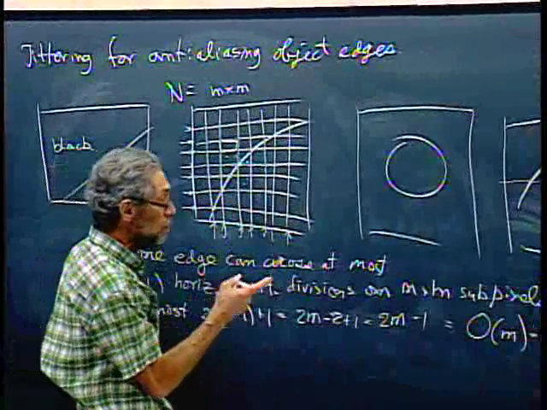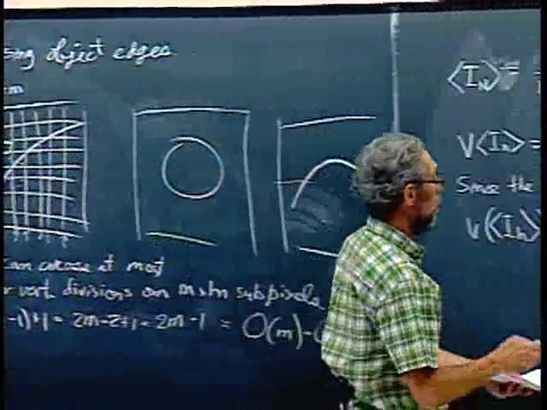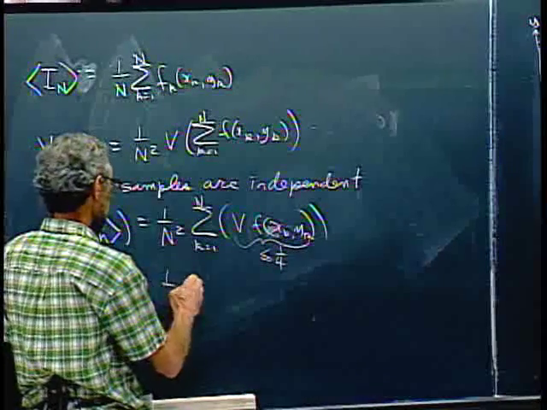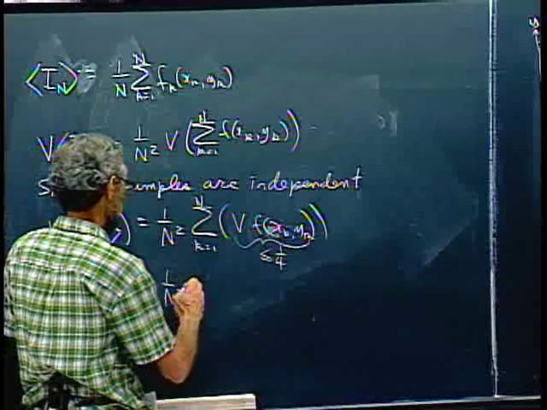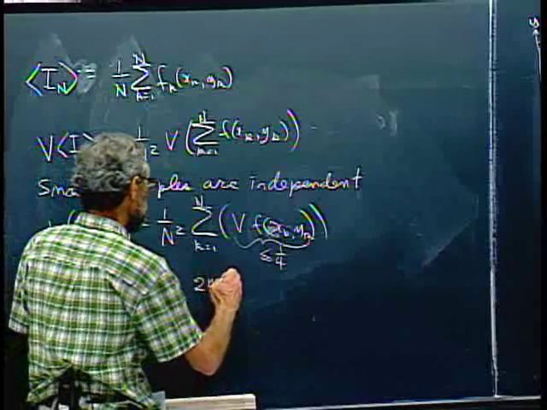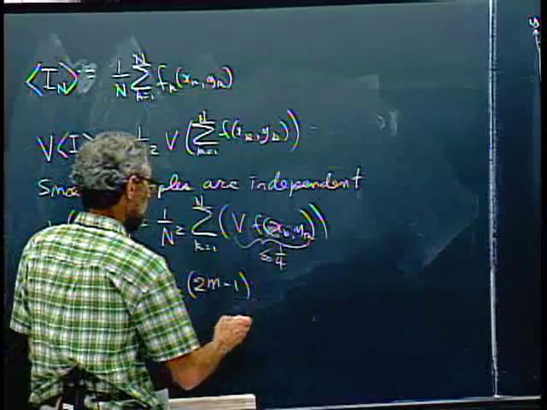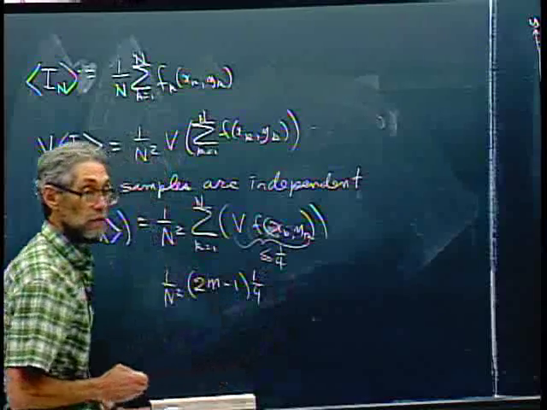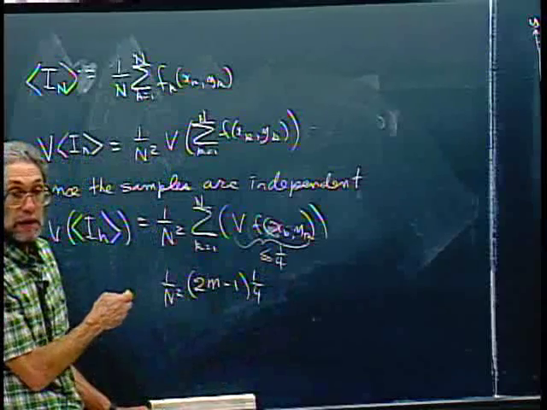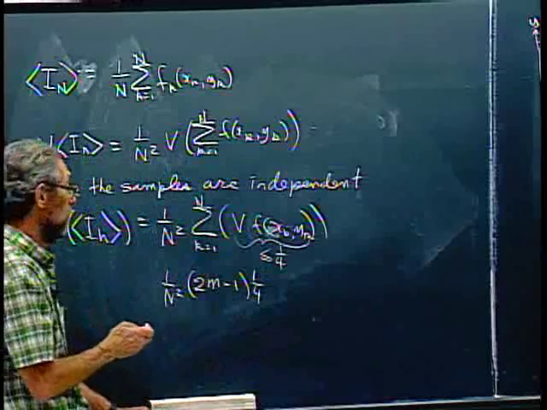So the only terms which are non-zero are these at most 2m minus 1 terms, each of which is size maximum 1/4.